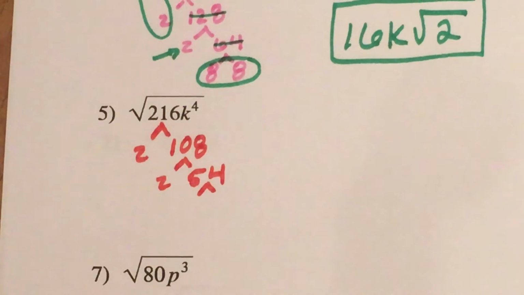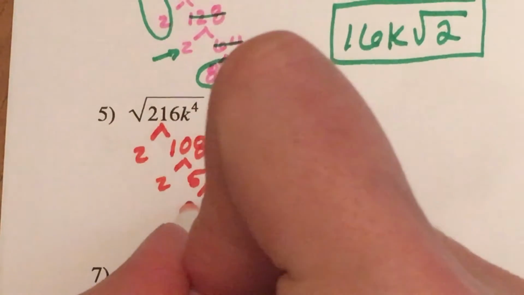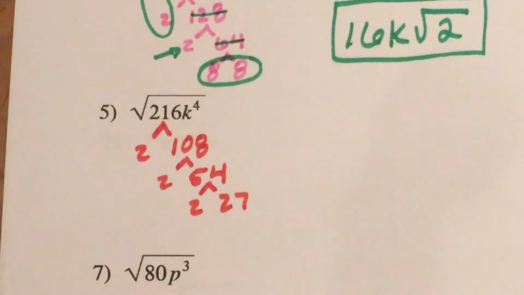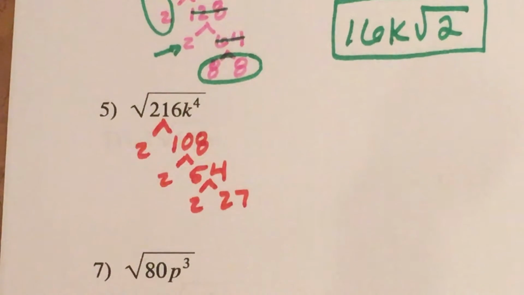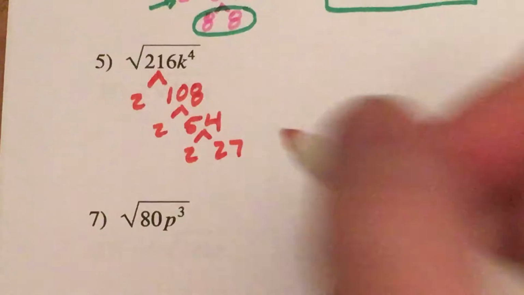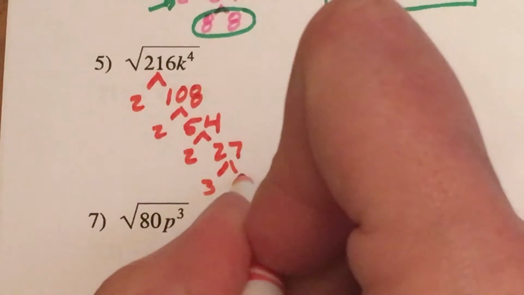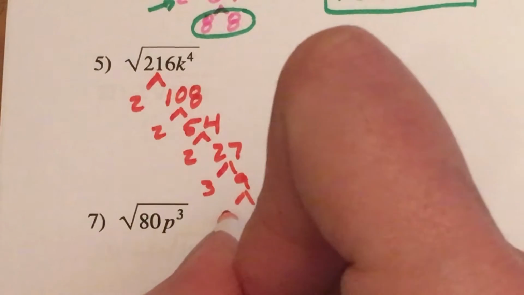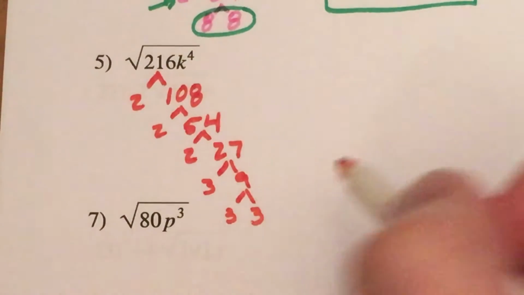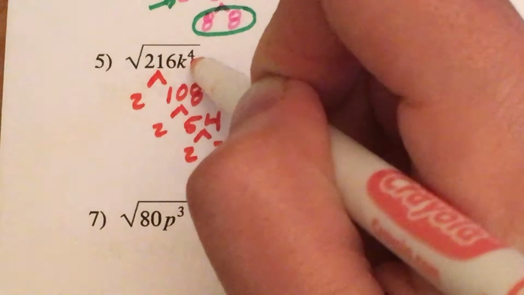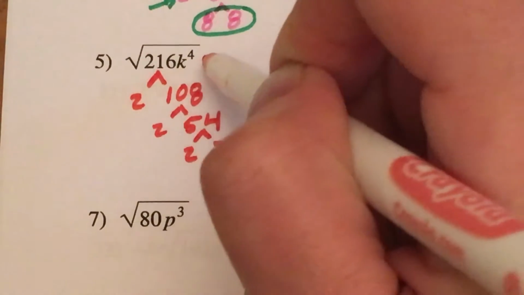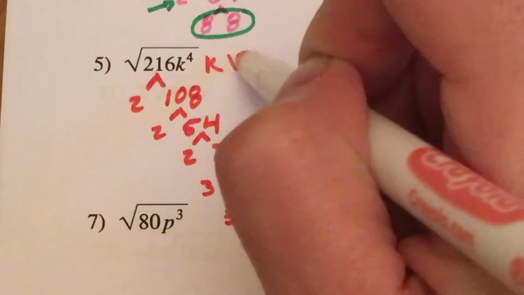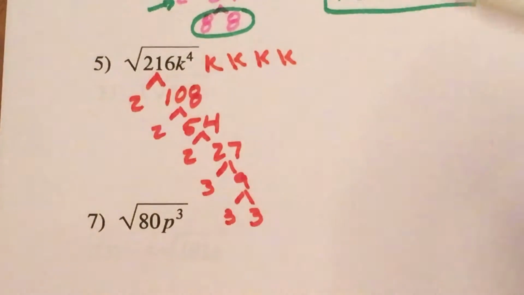Hey, what goes into 54? 2 and 27. 2 does not go into 27. What does? 3. That's right. And that makes 9. And 9 comes from 3 and 3. So my k, let's see, how many of them do I have? 1, 2, 3, 4.